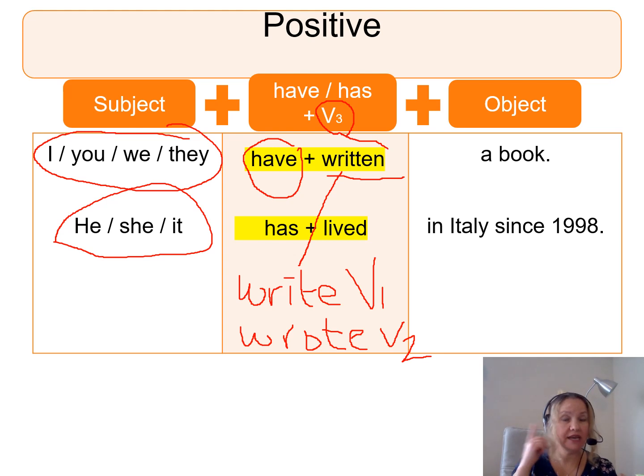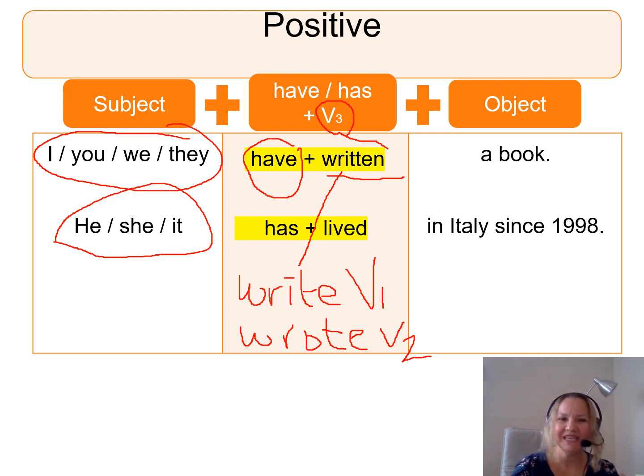Eaten is the verb 3. Eat. Help me. Verb 1 is eat. Verb 2 past tense. Ate. And verb 3 past participle. Eaten. Very good. Well done.